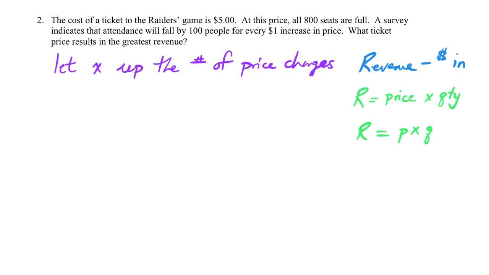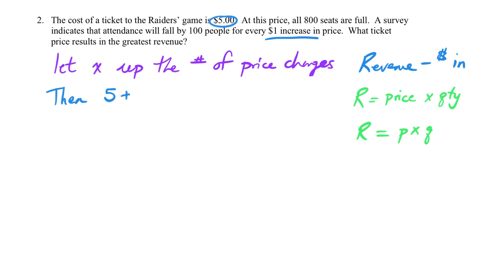So what I want you to do is write down two then statements. As soon as I say that x represents the number of price changes, I can come up with an expression for the price and the quantity. I know that the price, and I'll start with price, right now is $5. That's my starting price, so 5 is my price. But what the survey tells me is that I'm considering increasing the price by $1.